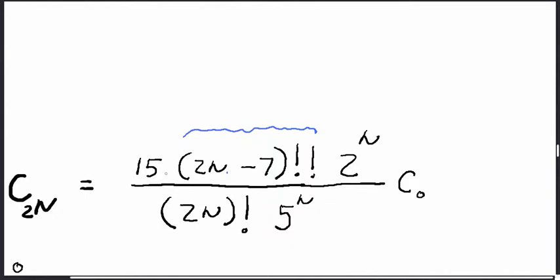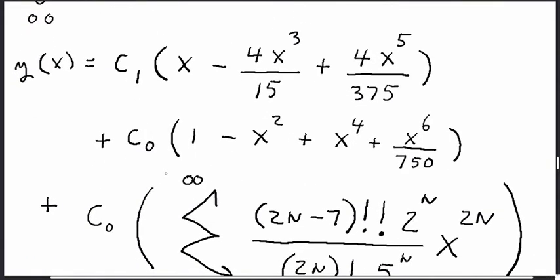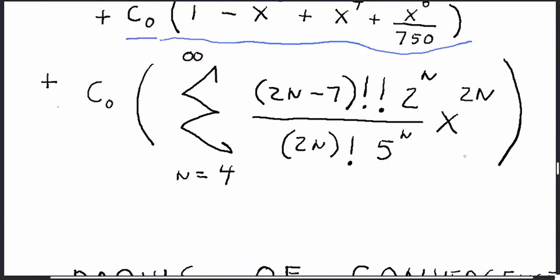Wrapping this all together, we now can write down an expression for our general solution, which I've done here. Going through all of our calculations, y of x is c1 times this stuff plus c0 times the initial terms of our sequence that don't work very well with our coefficients that we discovered, times c0 times this mess.